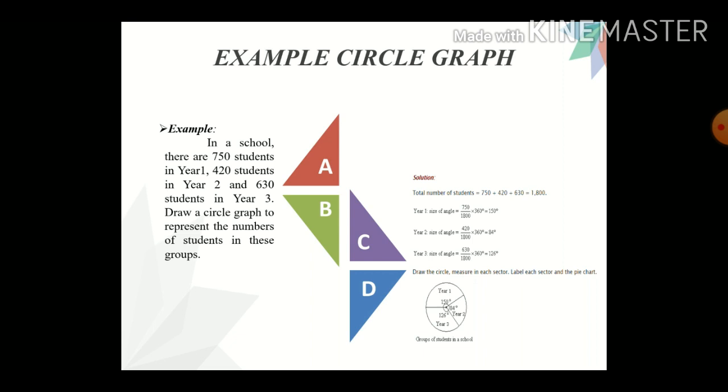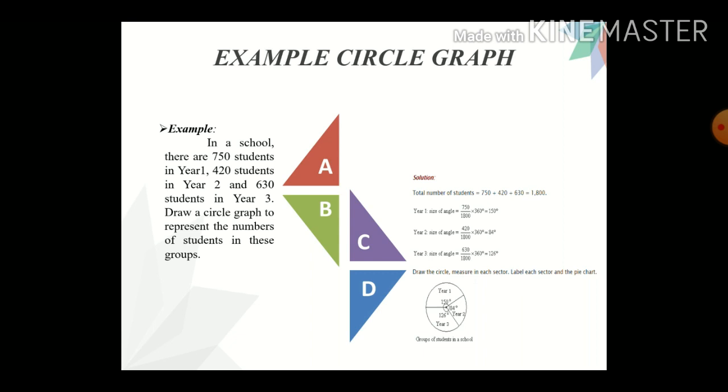Size of angle equals 420 divided by 1800 times 360 degrees, equals 84 degrees.